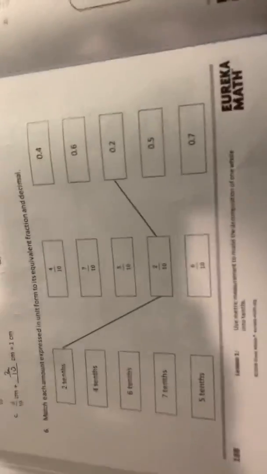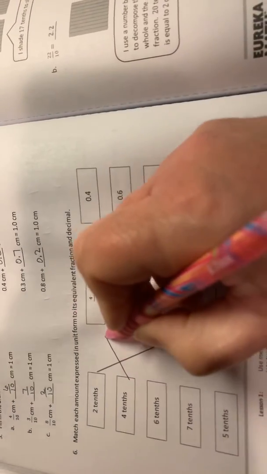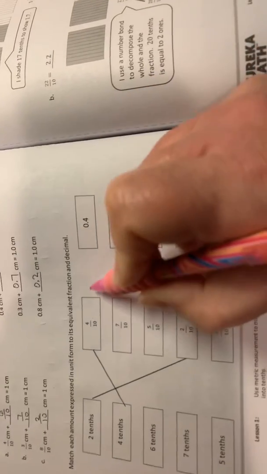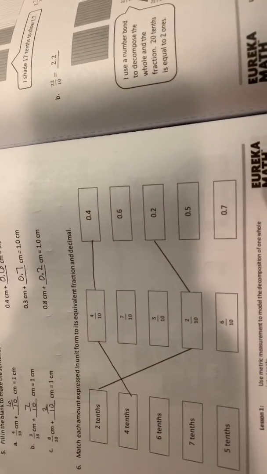At the very bottom, you had to do some matching up. So here we go with our little matchup of things. First one was done for you, 4/10. I'm going to go up here to the 4/10, and I'm going to go straight across to 0.4.